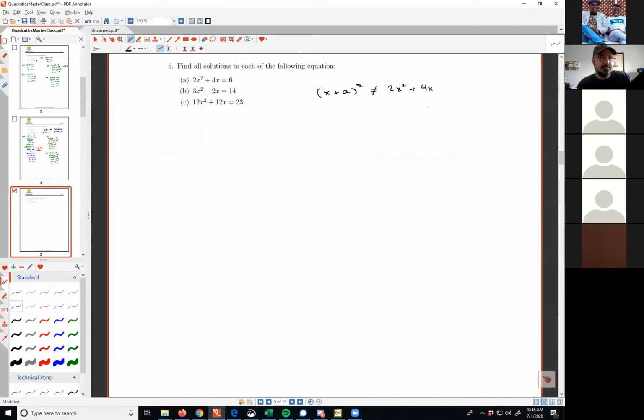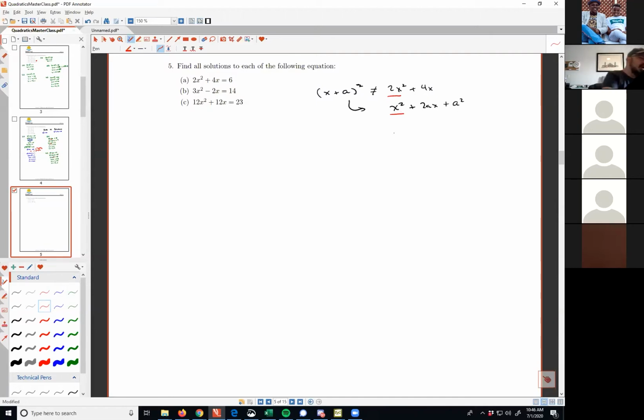Because you would only have one x squared. They're not 2x squared for you to merge them because they're like terms. x plus a squared is going to have x squared with just a 1 lead coefficient. We're never going to make those match.